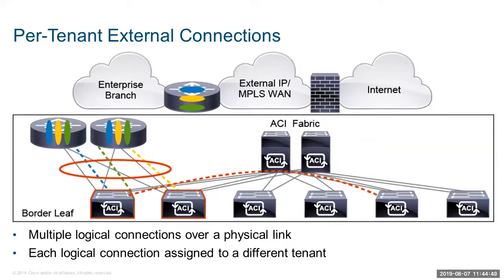This one shows you that you can have each tenant uniquely identified by using VLAN tags, 802.1Q tags for sub-interfaces or SVIs for each tenant. That's one option. Not a best practice nowadays when you have multiple tenants.